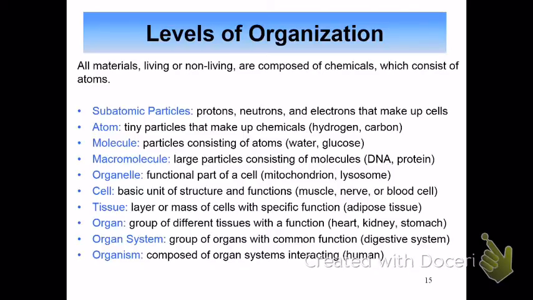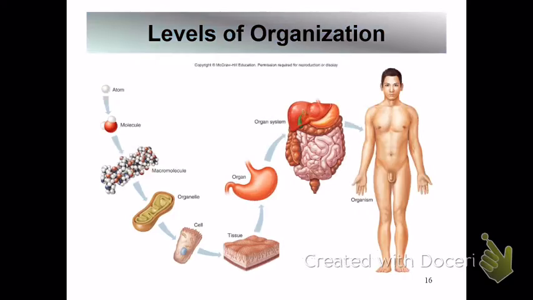Like if you could cut a sheet of paper, it's tiny, use a microscope, keep cutting it in two, the smallest thing you could get was an atom. But then they discovered there's things inside the atom, and we call those subatomic, below the atom particles. So subatomic particles, atom, molecule.